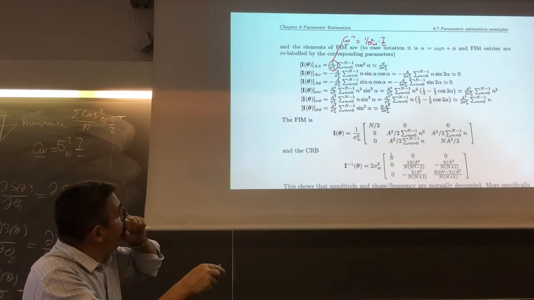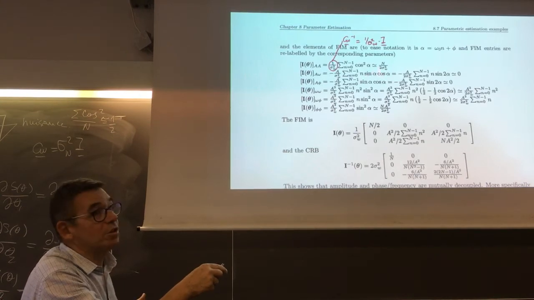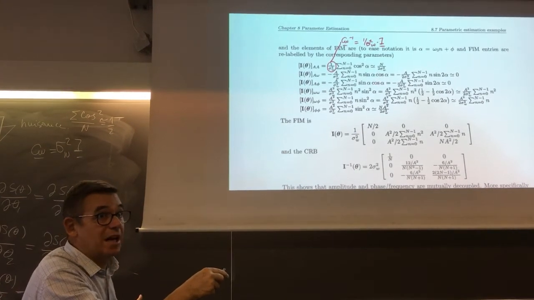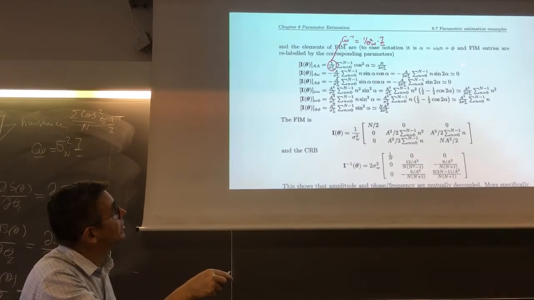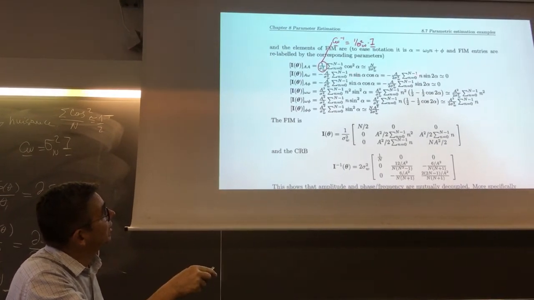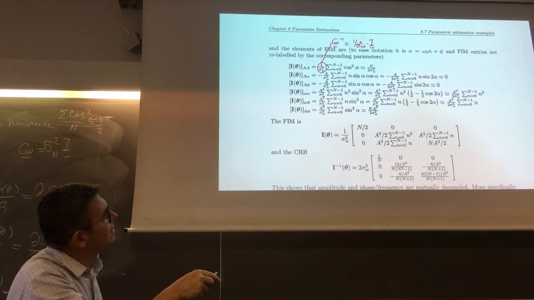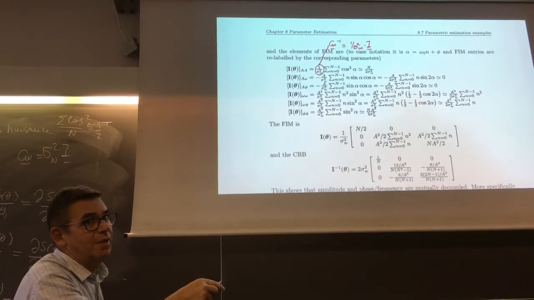So the formula is sine cosine. Sine cosine is a sine of 2 alpha, multiplied by 1 over 2. Now, this one is a sum of n sine of 2 alpha.